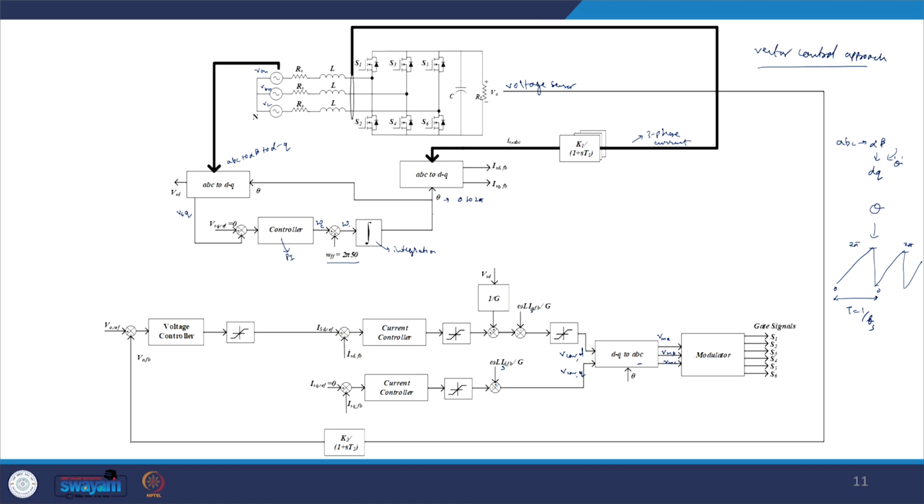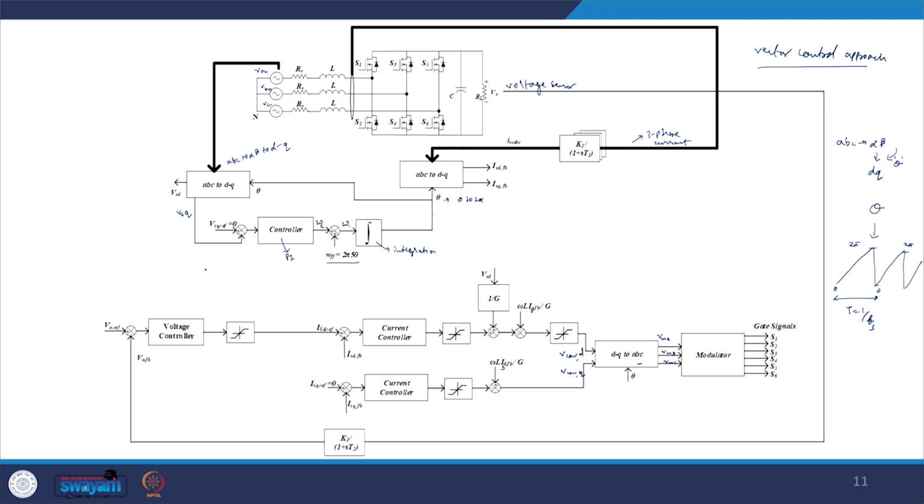That's when we are ensuring that the modulating wave gets synchronized with the grid, or the supply voltage. That is how we can ensure synchronized operation, that means we have unity power factor operation from the grid.